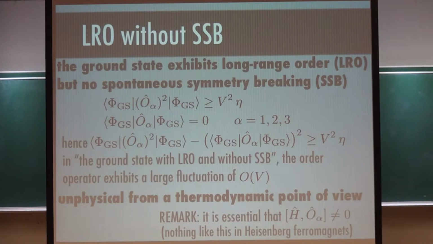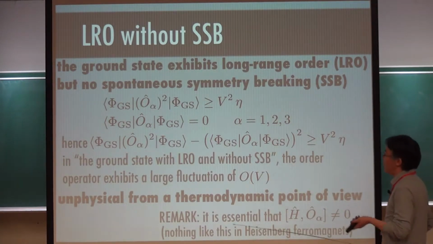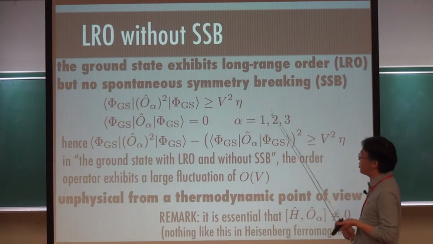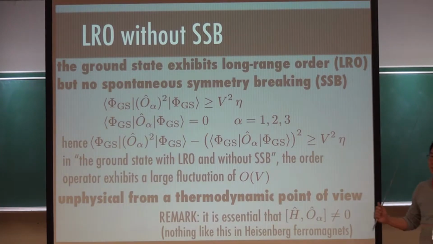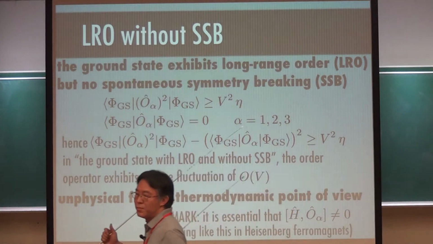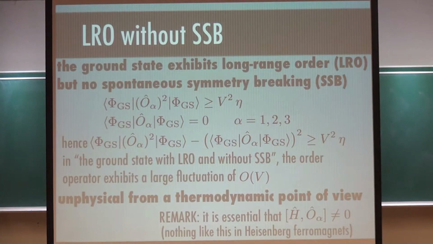Okay, so now I want to move on. I would like to tell you about the situation where the ground state exhibits long-range order but no spontaneous symmetry breaking. Actually, the antiferromagnetic Heisenberg model is just like this, even for the quantum case in 2D. Anderson used this kind of state.